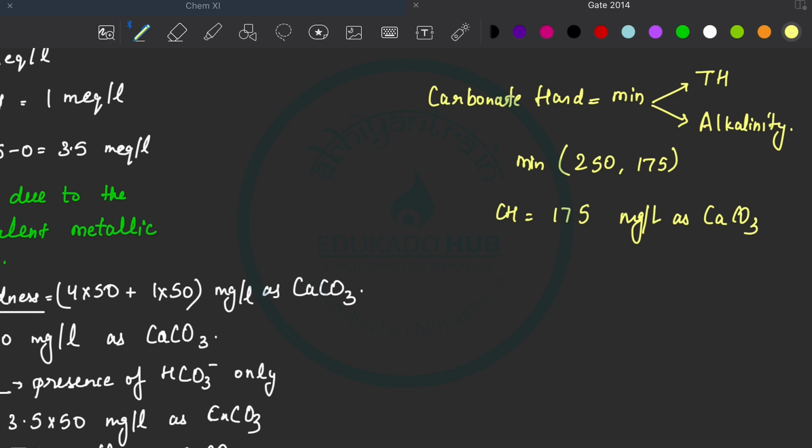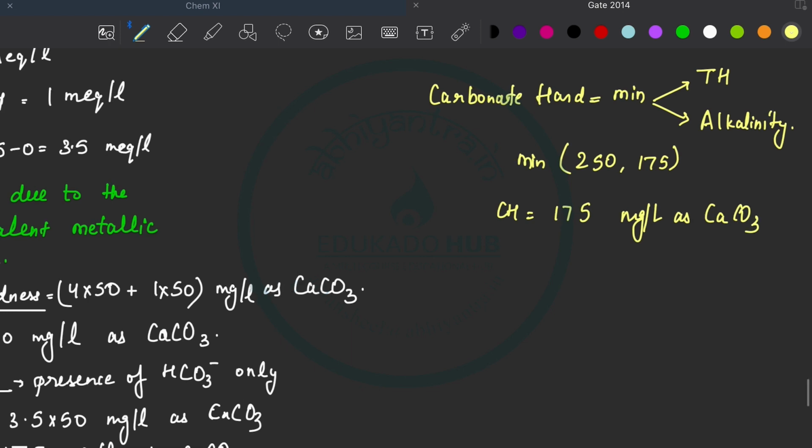This is carbonate hardness, and non-carbonate hardness, NCH, is total hardness minus carbonate hardness. Total hardness consists of two types of hardnesses, which are carbonate hardness and non-carbonate hardness. We know total hardness now, we know carbonate hardness now. Now I can calculate the non-carbonate hardness. That is total hardness, that means 250 minus 175.